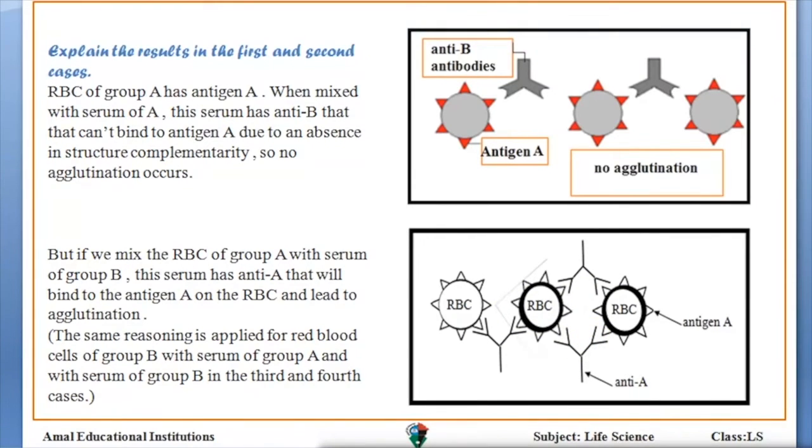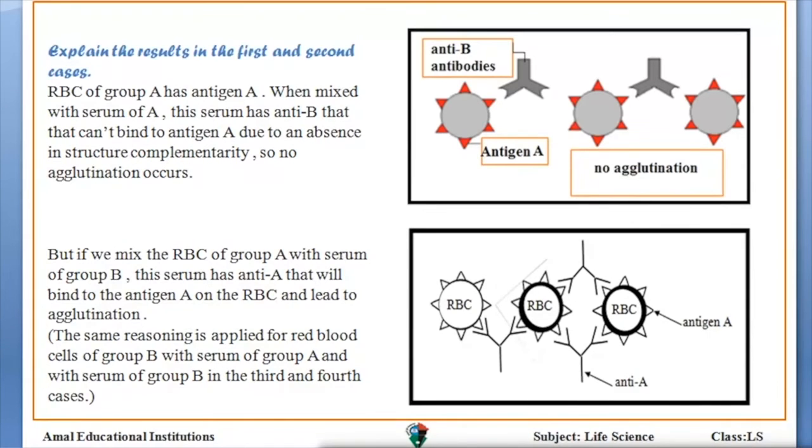The same reasoning is applied for cases 3 and 4, where we are mixing the red blood cell of group B with the serum of group A, a different group, and with the serum of group B, the same as that from which we took the red blood cells.